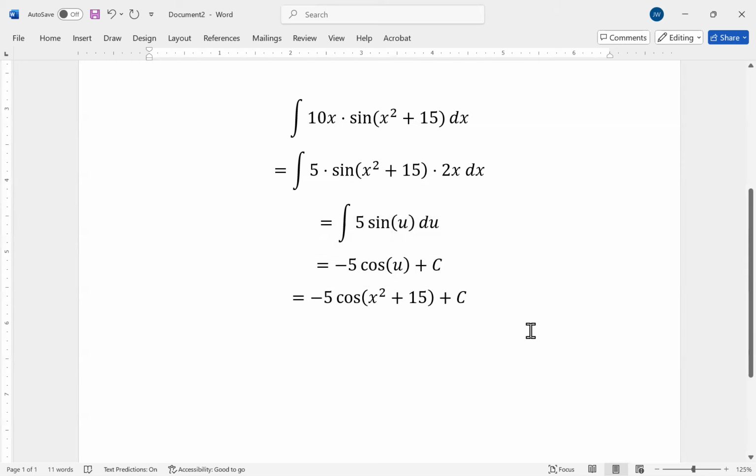Hopefully that's not too obscure. So this is the antiderivative, or the class of antiderivatives, that I was looking for. This is how we integrate 10x sine of x squared plus 15 with respect to x.